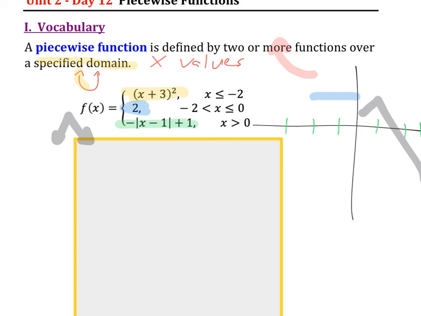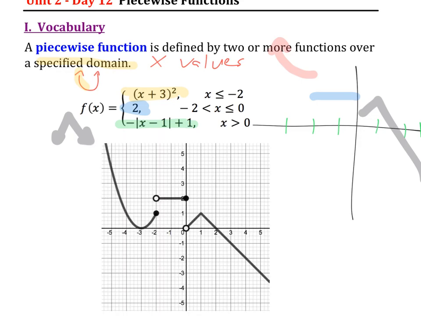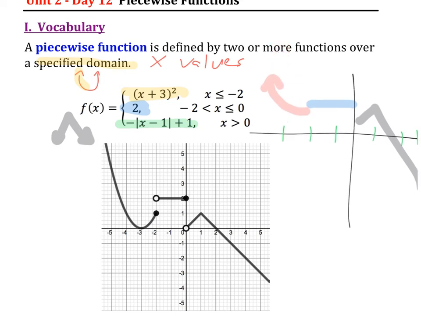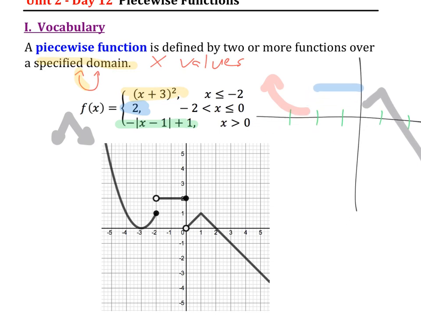So you'll notice we have each one of these functions represented, but it's only a piece of it, so it's not the entire function itself. So let's see what the official graph looks like. Yeah, that's kind of close. A little off, but whatever.